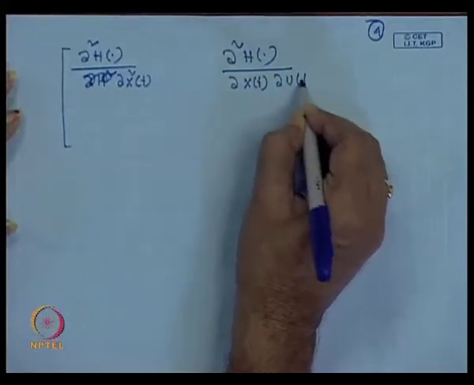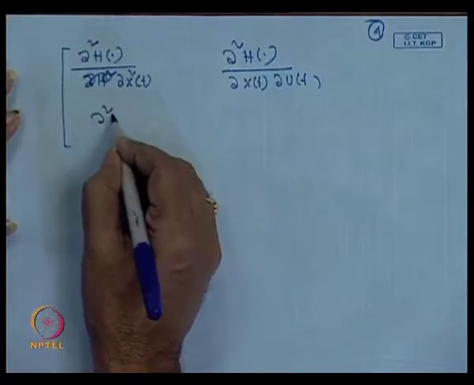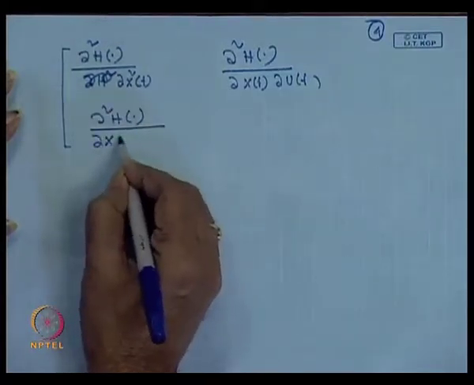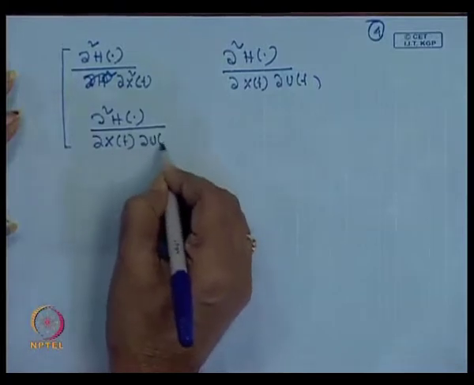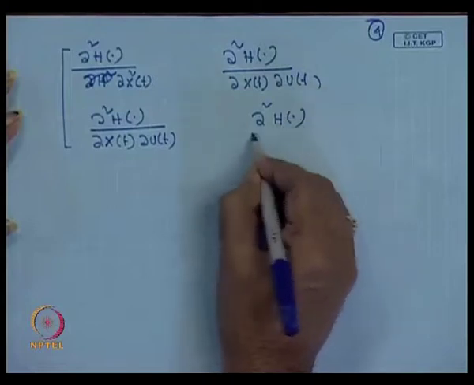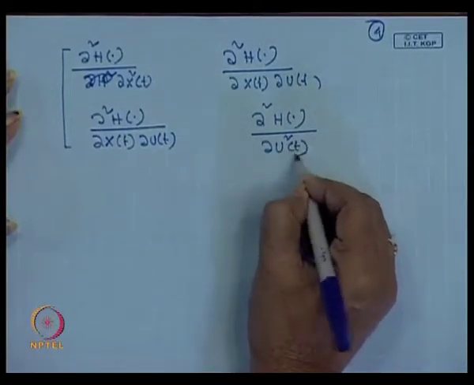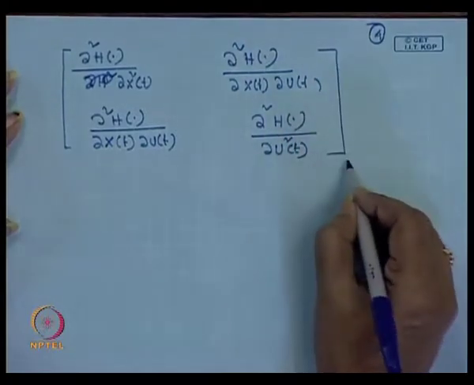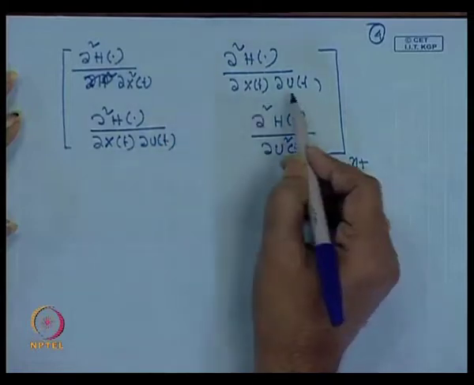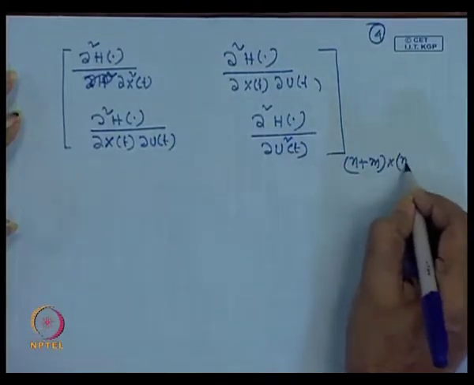This will be a symmetric matrix, as we have already seen, with the terms del square H by del x squared, del x of t del u of t, and del square H by del u square of t. Since the x dimension is n and the u dimension is m, the dimension will be n plus m.